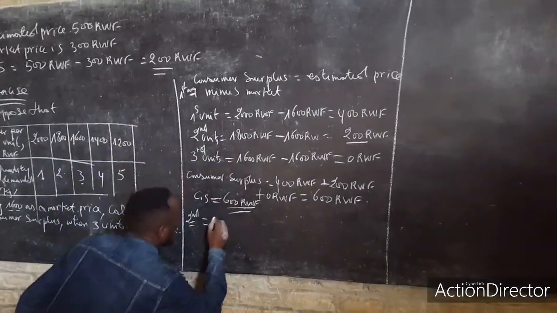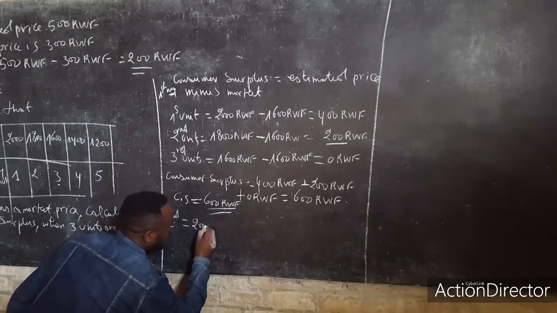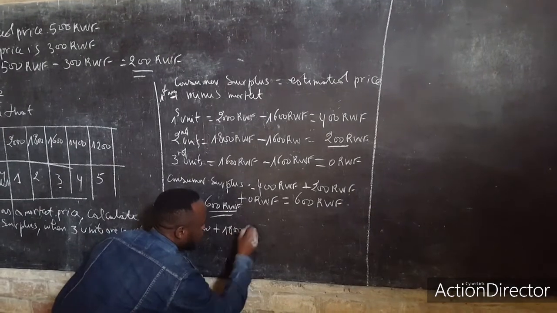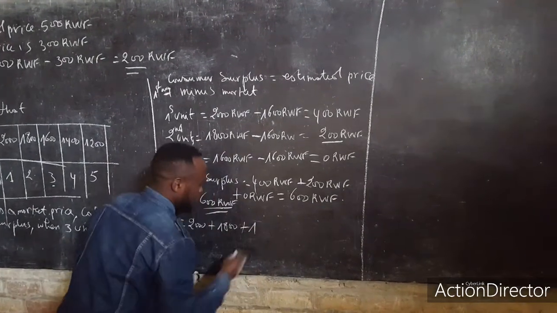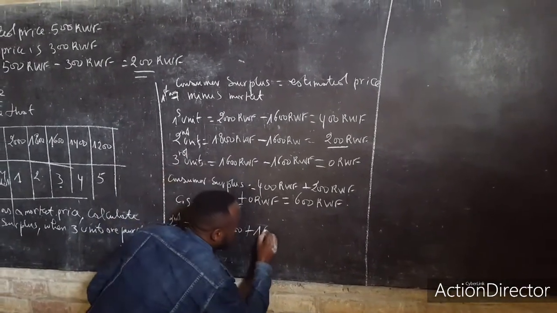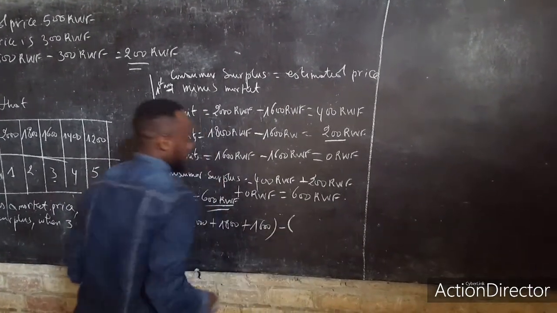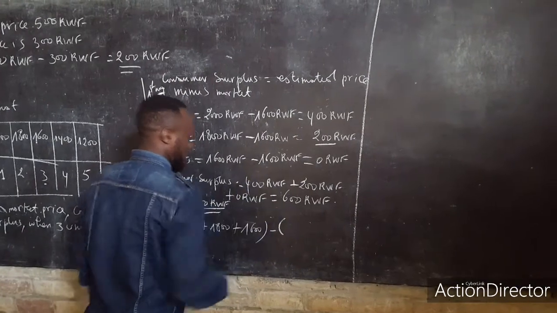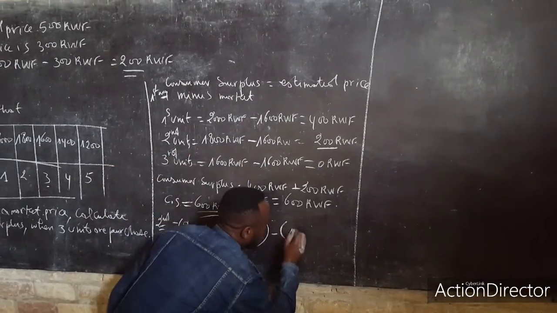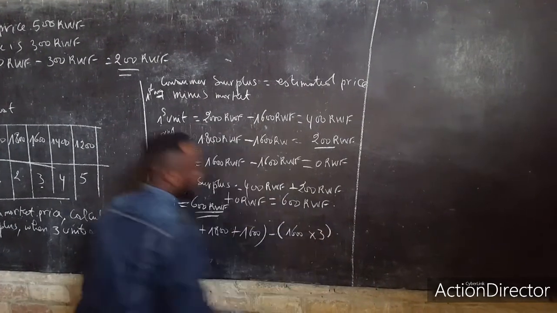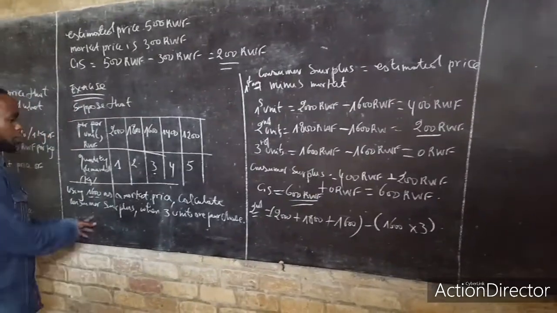Here we take 2,000 plus 1,800 plus 1,600 minus market price times units that are purchased, 1,600 times 3 units, because 3 units are purchased.